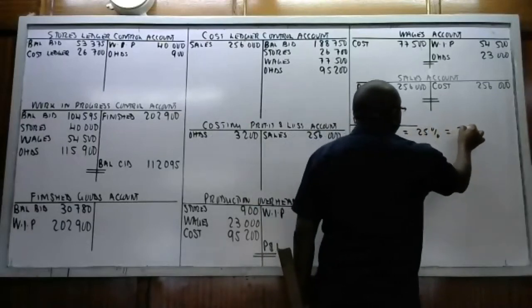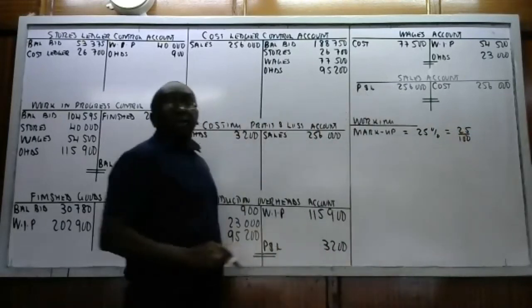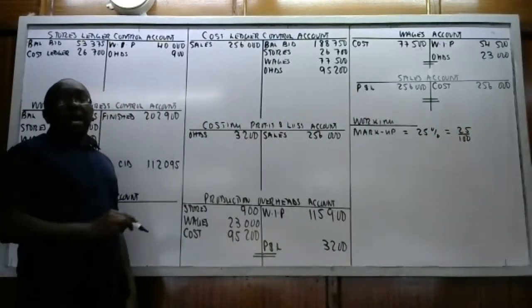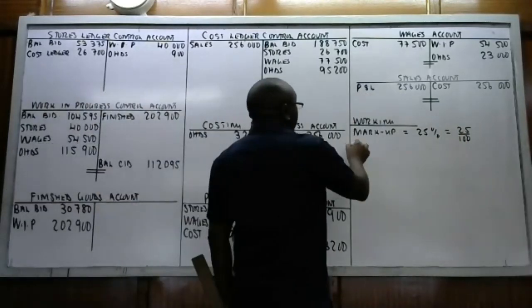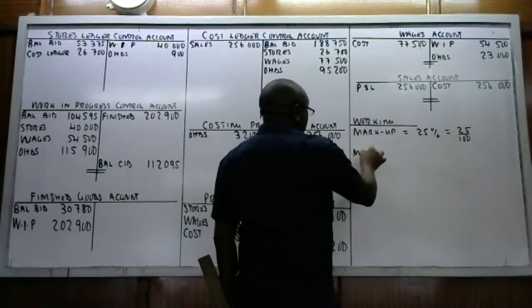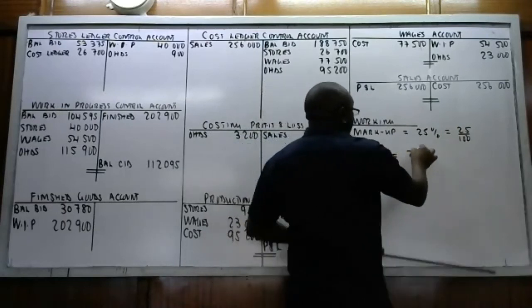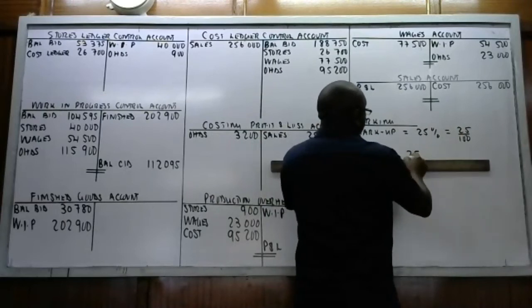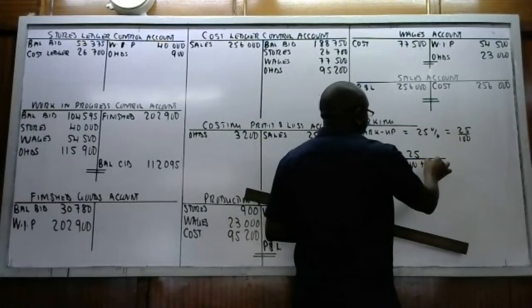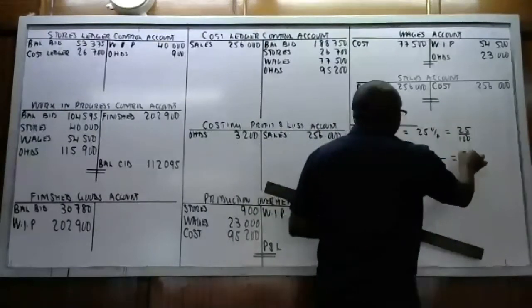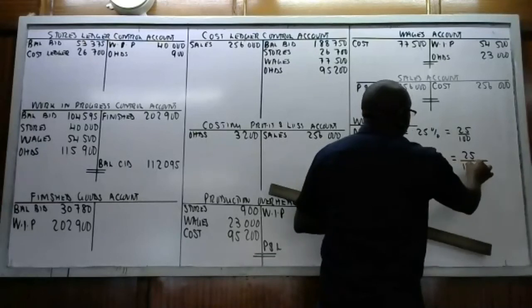So this is 25 out of 100. And remember how to convert to margin. So this will be 25 out of 100 plus 25, so that will be 25 out of 125.